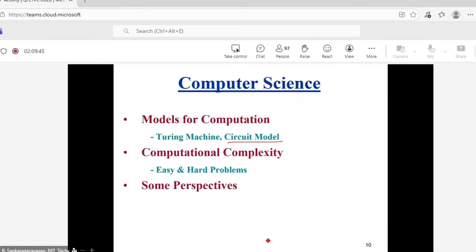There are very hard problems which cannot be solved so easily, and there are a variety of easy problems which can be solved fairly easily. Whatever problems we solve with the help of present day computers belong to easy problems. And there are some hard problems which cannot be solved by the present day computer, even the best computer available in the world. So they are actually hard problems.